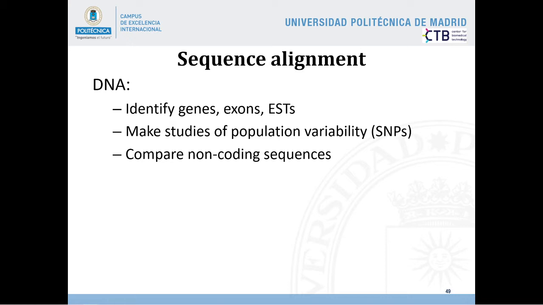We also, as I already told you, make studies of population variability with the SNPs, those single nucleotide polymorphisms that will be the origin of variability between different individuals in the same population. For example, humans, all the people have different kinds of SNPs.